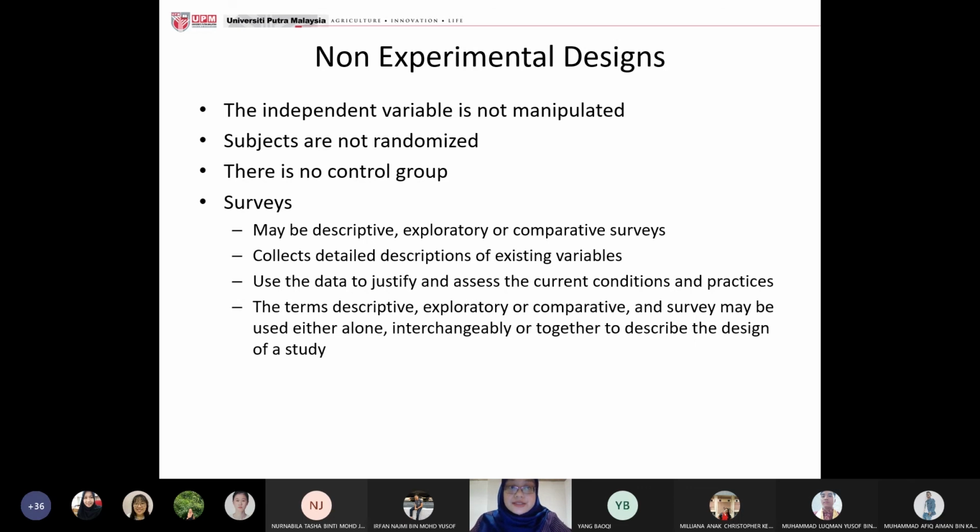It's not randomized, and there are no control groups. A survey is non-experimental design, but it can be quantitative. Remember, it totally depends on your study design.